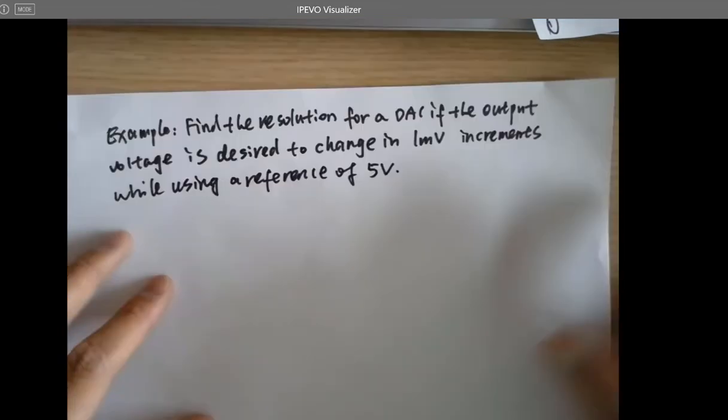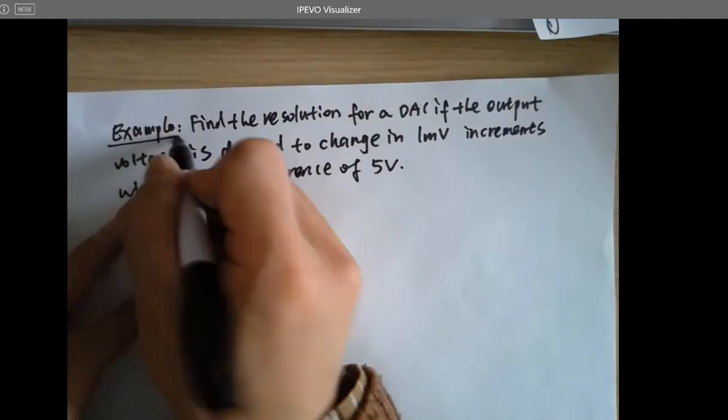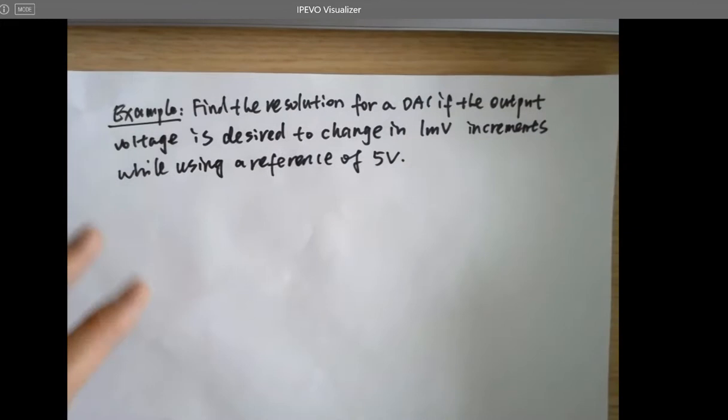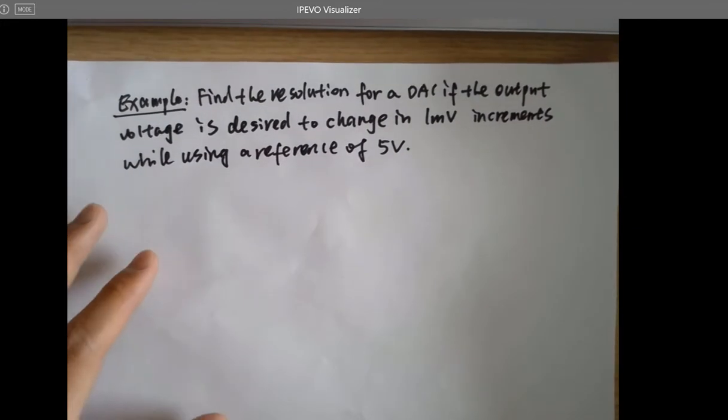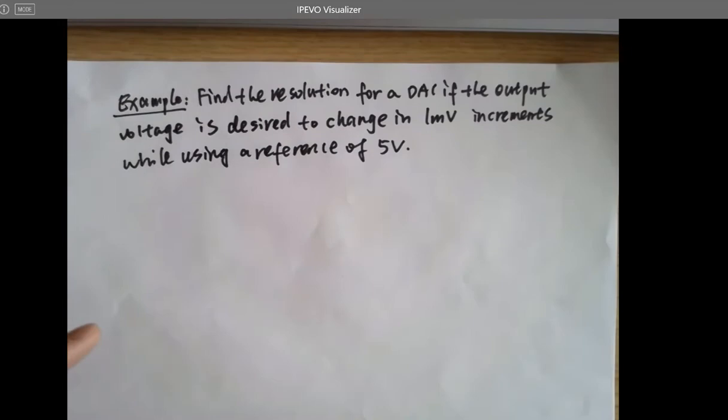So what do you think about this one? I hope the DAC can resolve 1 millivolt. And the reference voltage is 5 volts. What should the resolution be here? How many bits do you need?